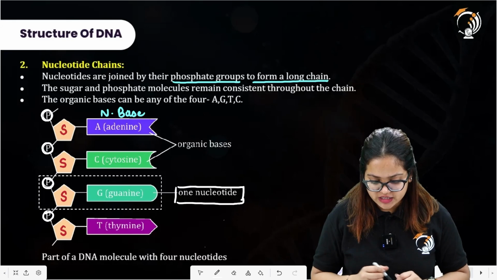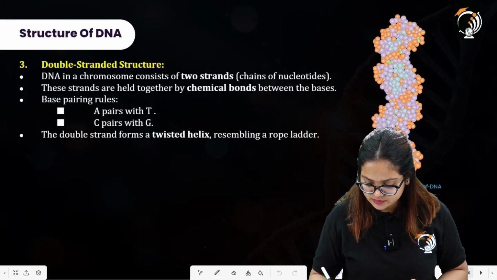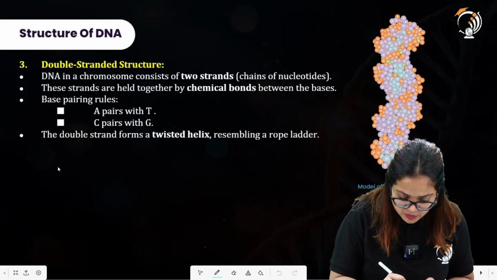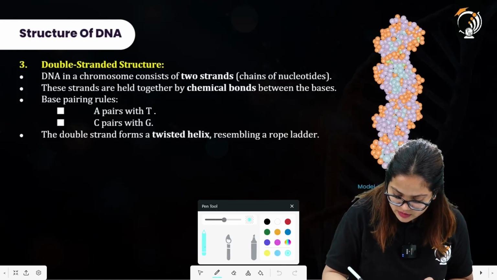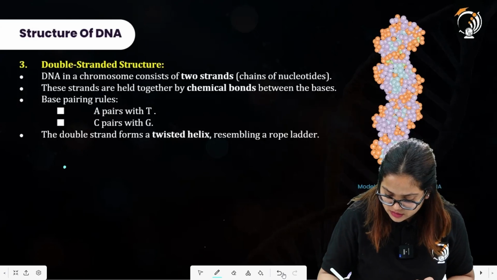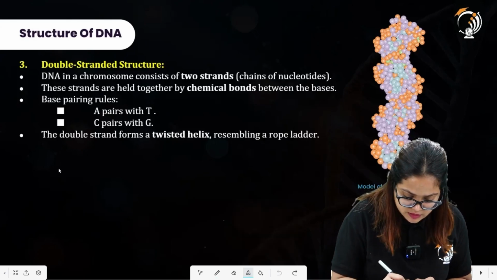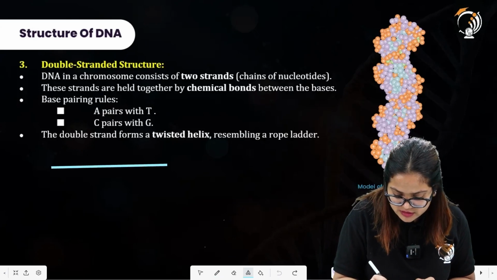Here one strand is here. This is the single strand.